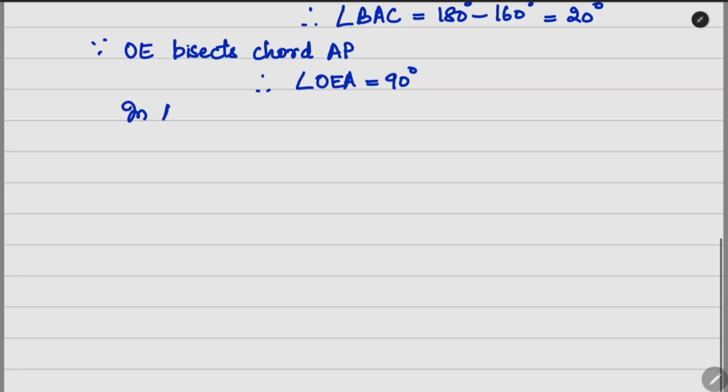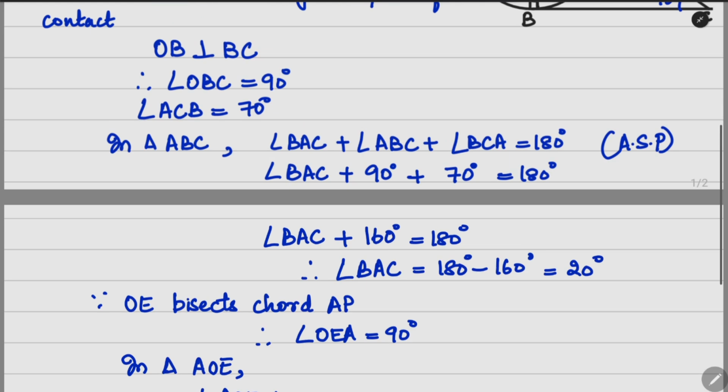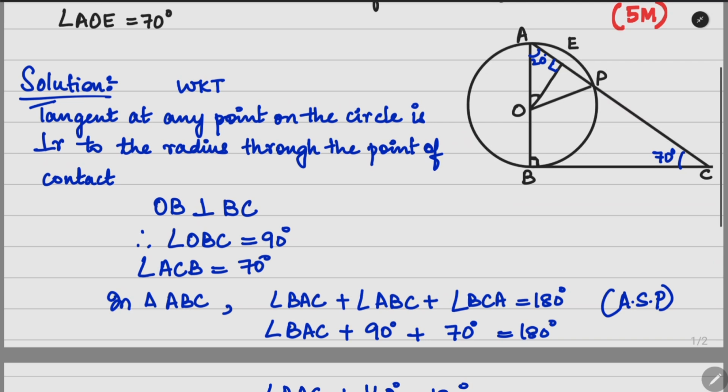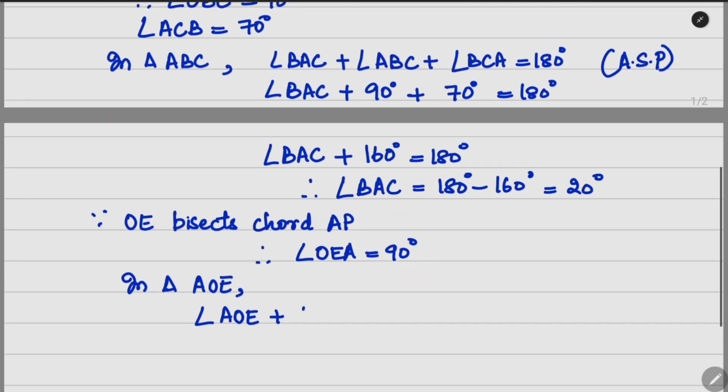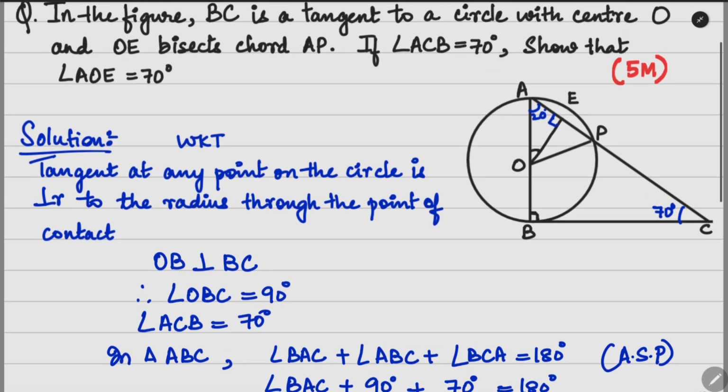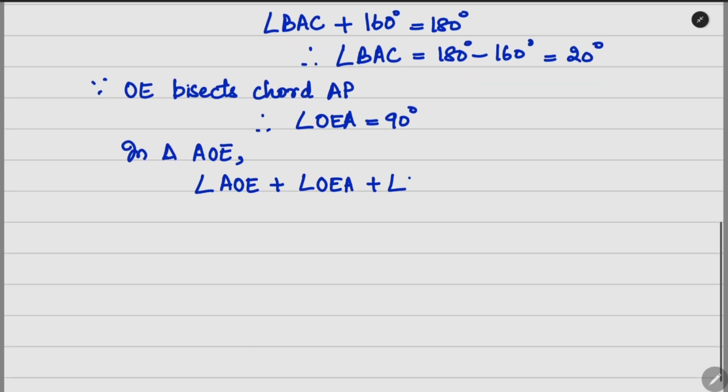So in triangle AOE, angle AOE plus angle OEA plus angle EAO equal to 180 degree. Again, the reason is angle sum property of the triangle.